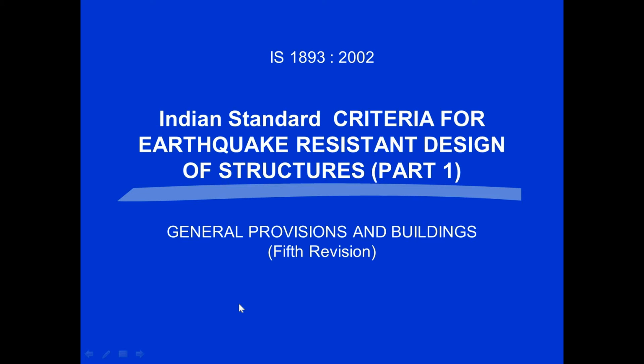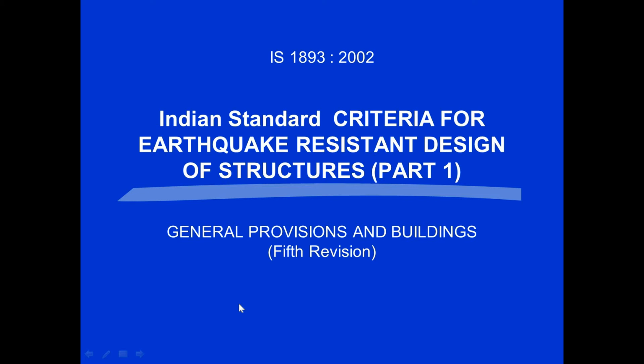This is IS 1893-2002, because on the basis of this IS code we will analyze the various buildings, and also the various theoretical aspects as well as the design approach are available in the same code. So let us start with IS 1893-2002, general provisions for buildings, part 1.